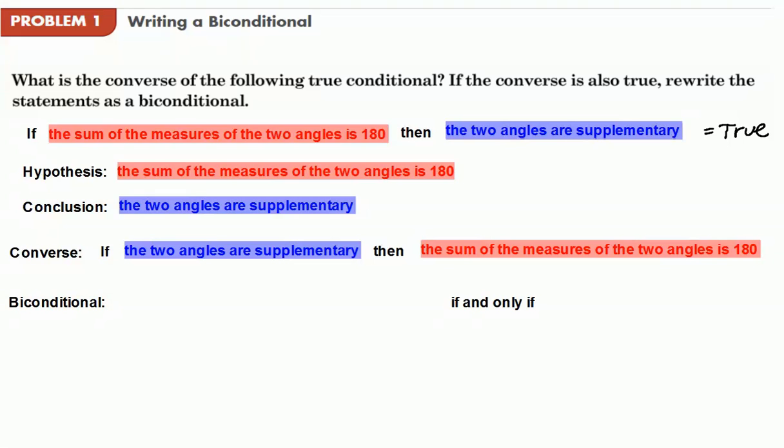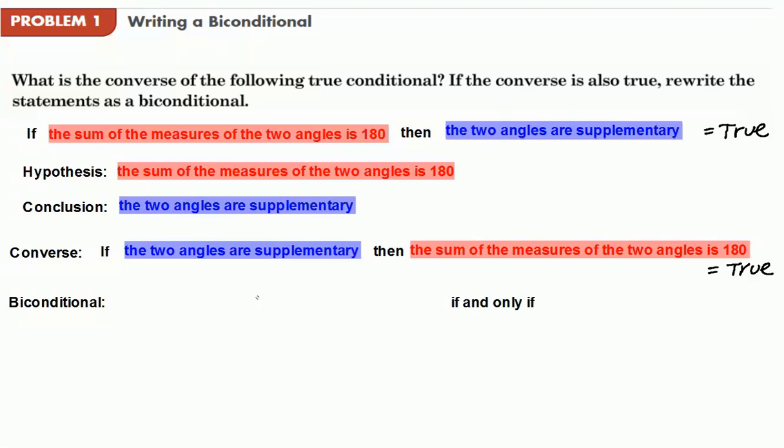Now we read the statement. If two angles are supplementary, then the sum of the measures of the two angles is 180. When you read the statement, it is also true. So the converse is true. Now that you have two truths, both the conditional statement you were given and the converse, that makes it a biconditional.